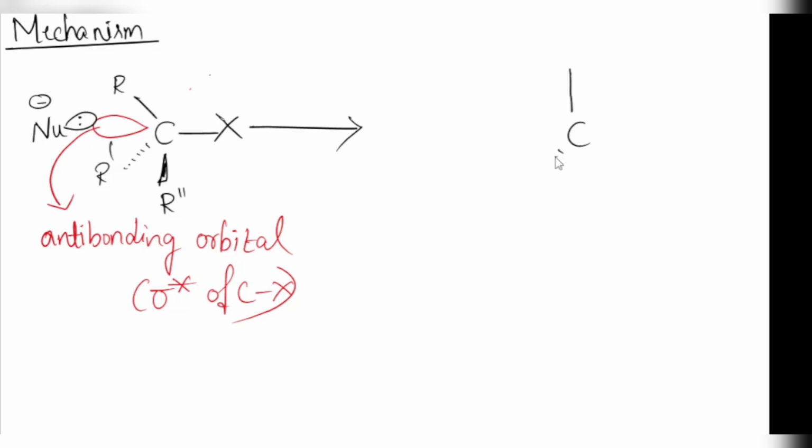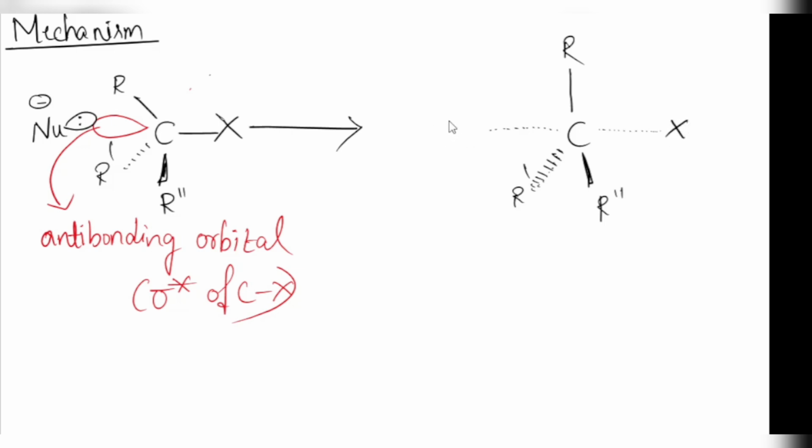Here R, R prime, and R double prime, like this. And this is the bond pointing away from the observer. Now I will show this bond as a dotted line, which represents that this bond is breaking, correct?